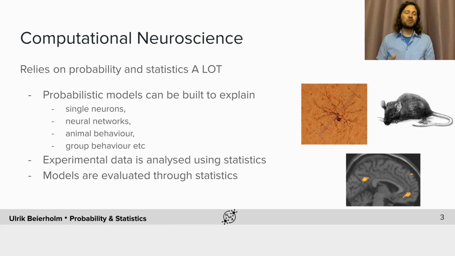And not only do we use it to build models, we of course use probability and statistics also to analyze any kind of experimental data that we have, and we can use statistics then to evaluate any kind of models that we have. So we tend to rely a lot on these concepts, and it is something that you'll see over and over again within the course.